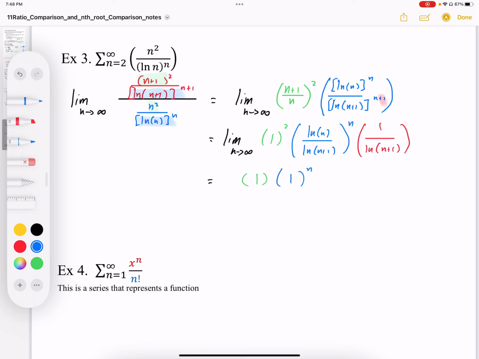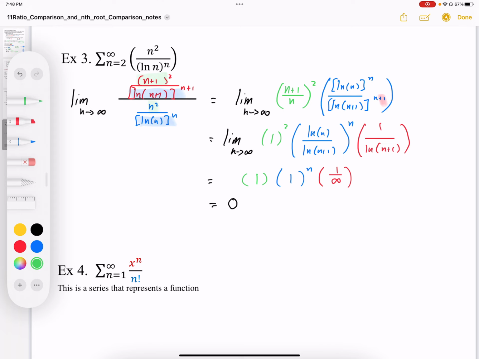So that's also going to end up being equal to 1. And so all that we're left with is 1 over log of n plus 1 as n goes to infinity. That becomes 1 over infinity. That's 0. So that ratio goes to 0.